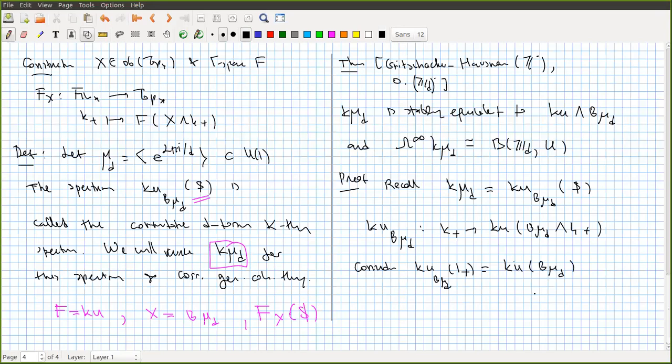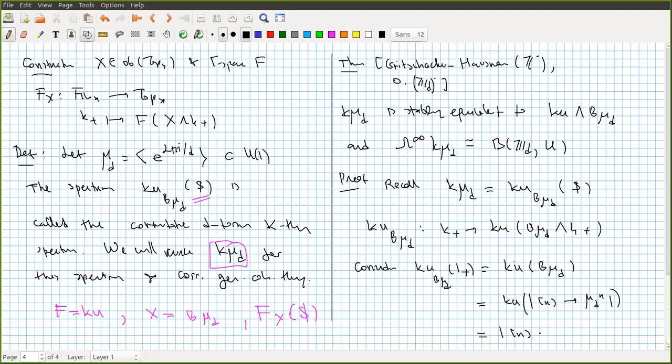Okay. And then the idea here is that what is inside is the geometric realization of a simplicial set, given by the n-fold product of μ_D. The observation here is that K_μ, when you apply it to a space, is a colimit construction, and the geometric realization is a colimit construction as well.